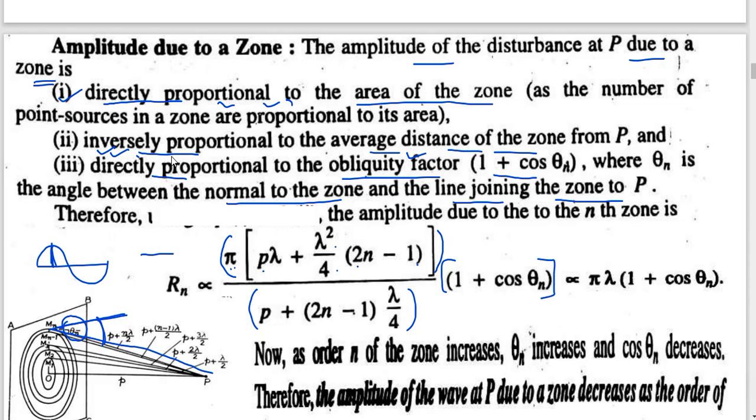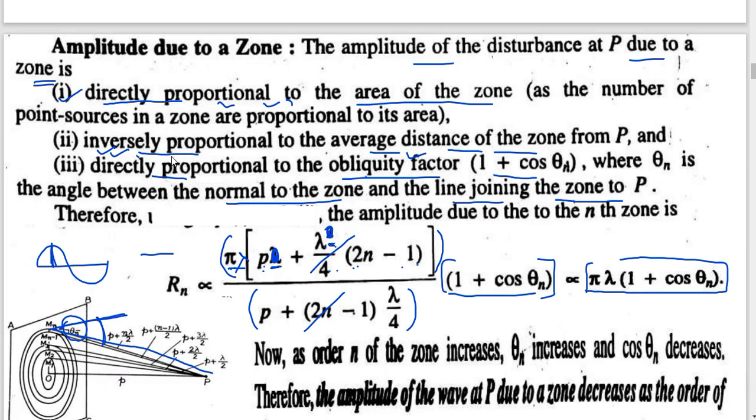Solving these, we take lambda common from the above, and one lambda from below. The remaining part is P plus lambda by 4 into 2n minus 1, and the above and below parts cancel out. So the remaining part is pi lambda into 1 plus cos theta n.